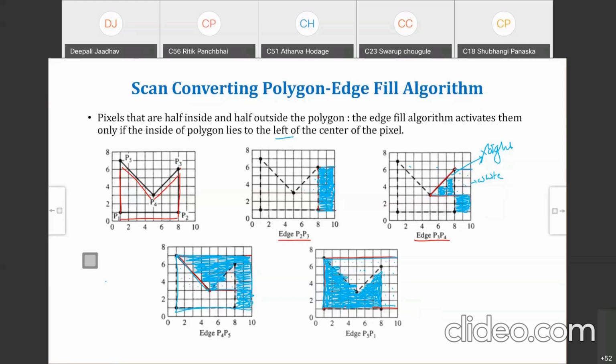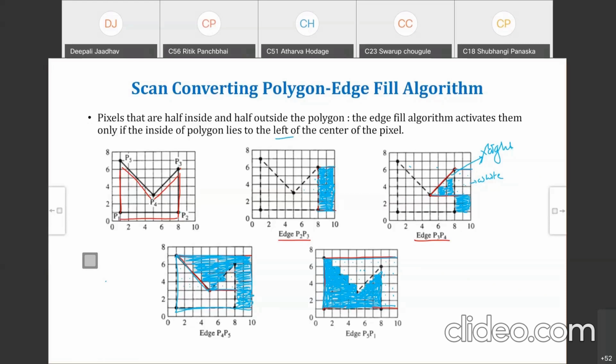Now the disadvantage is that here this pixel is half inside the polygon and half outside of the polygon. So here this is the, we can say, error rate. Correct? Half of the pixel we need to color, but it colors the entire pixel.